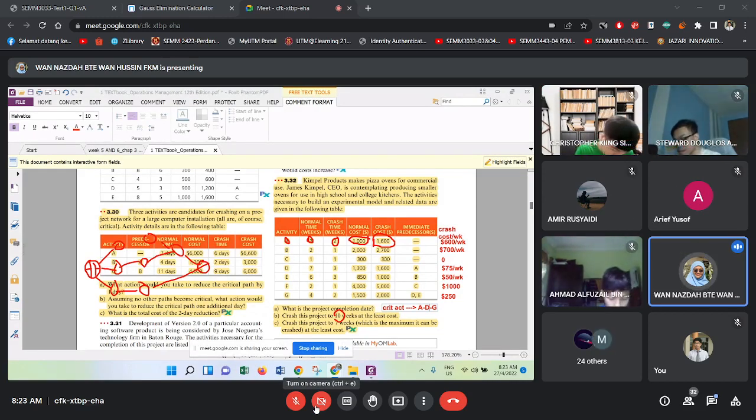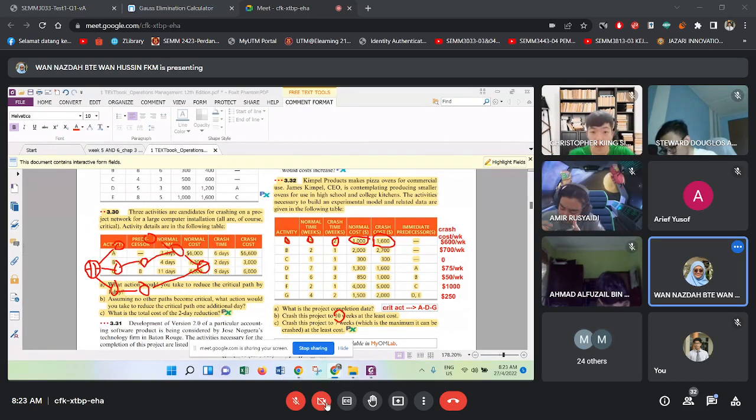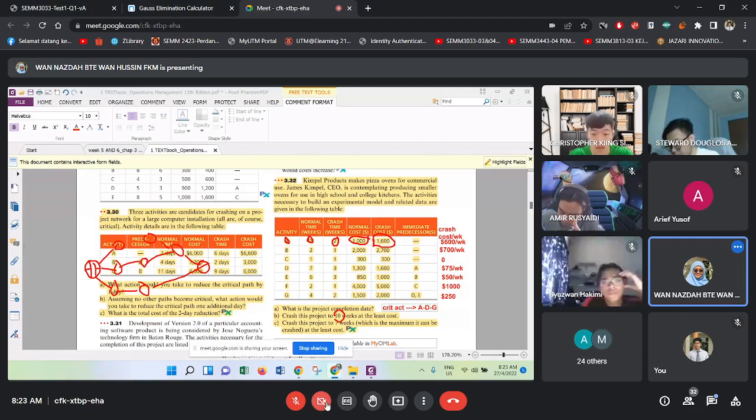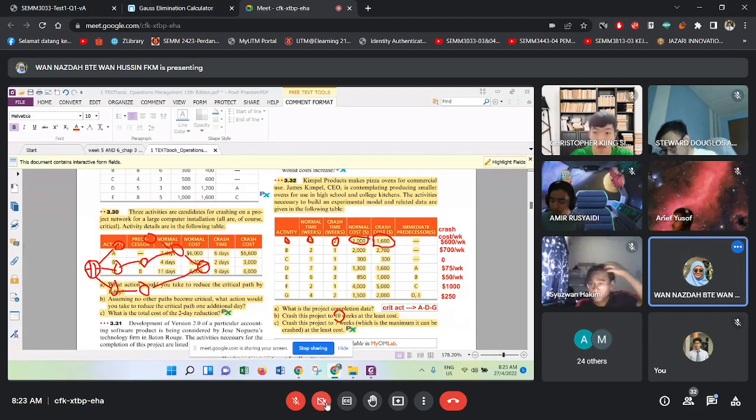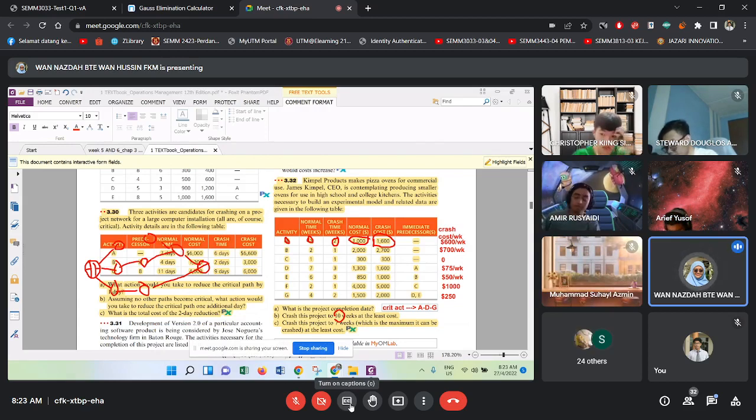Okay, can I have a network diagram for this question, with a correct earliest start, latest start, latest finish and earliest finish time. Rushaidi punya pun salah.